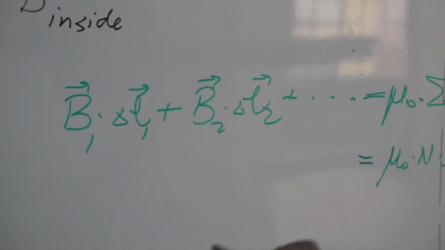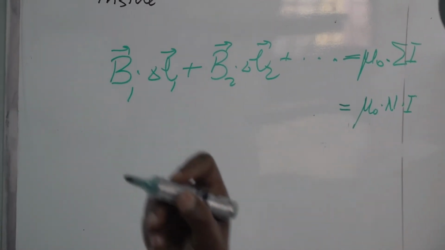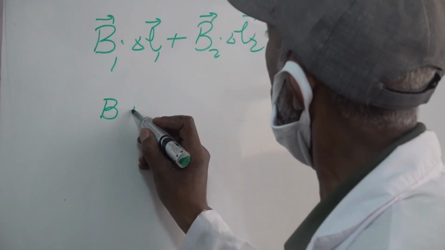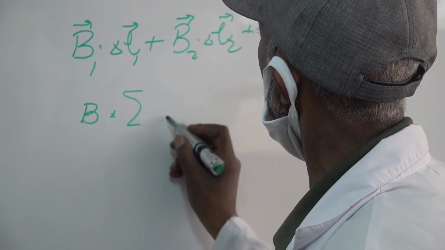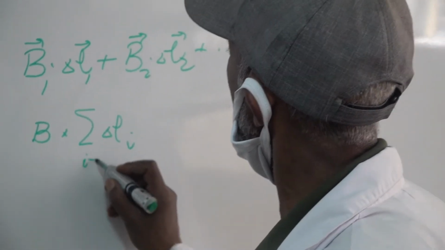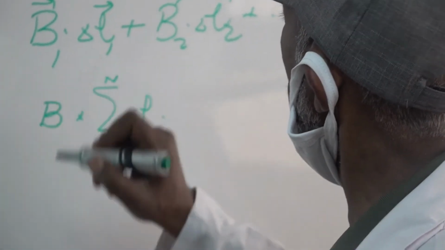How about on the left side? B, I told you, is the same inside from place to place. So you factor out B and get the sum of delta L's, delta L i from 1 up to n.